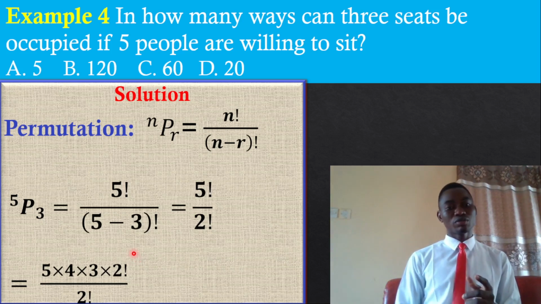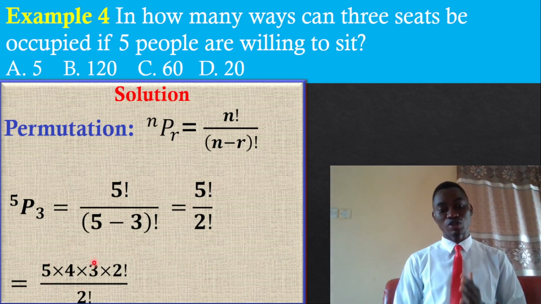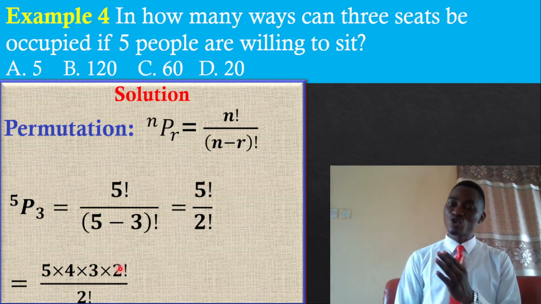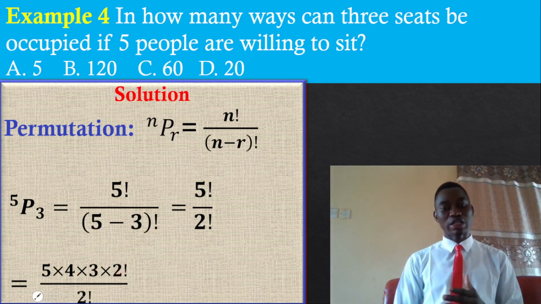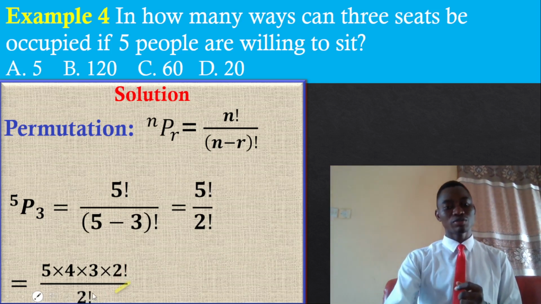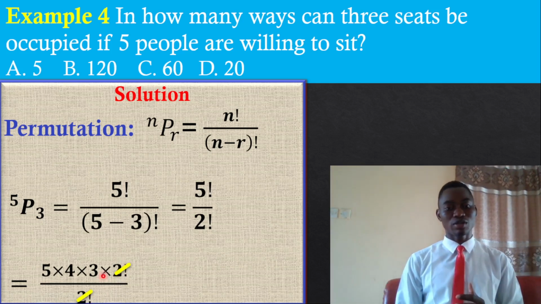So 5 factorial is the same as 5 times 4 times 3 times 2 factorial. We stop here because there's a 2 factorial down, so the 2 factorials can cancel out.